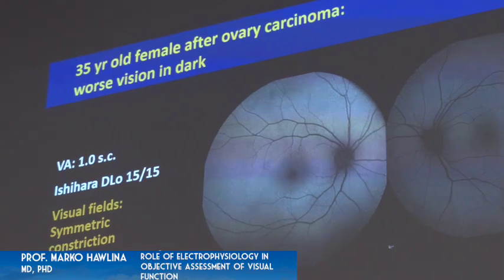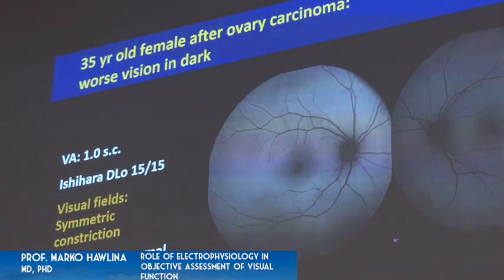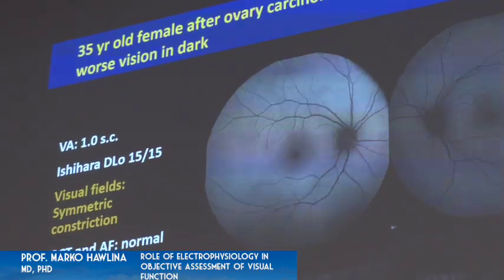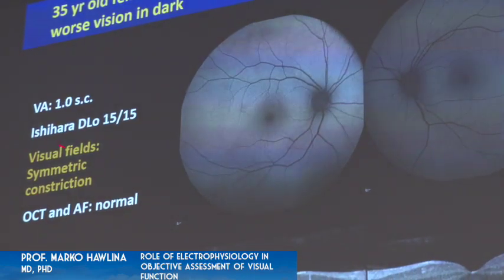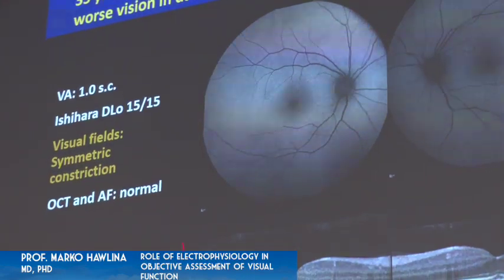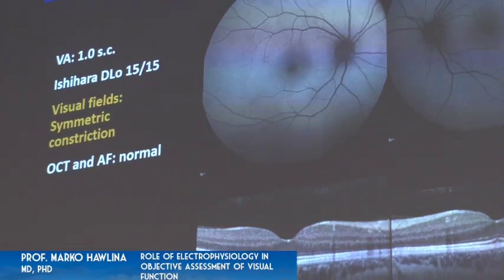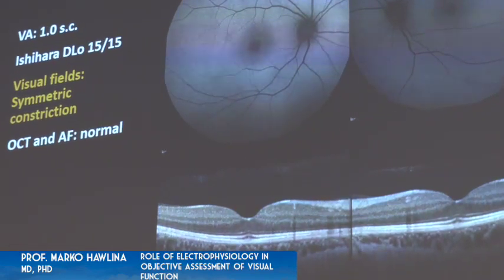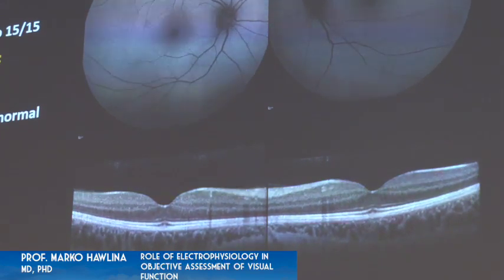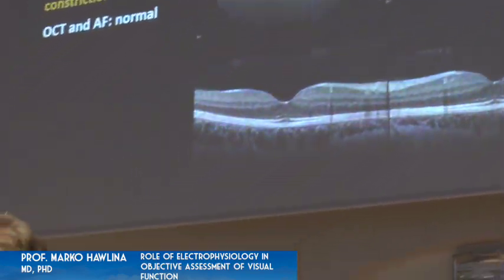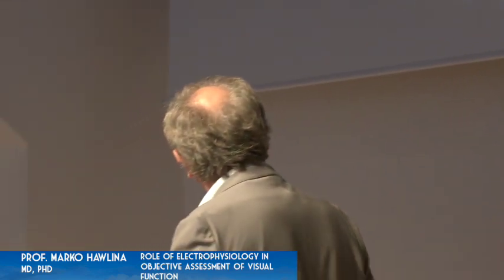For example, this was a lady that has 1.0 central visual acuity in both eyes and normal color vision, but she had symmetric constricted visual fields, although OCT was normal. And she said, I was operated for ovarian carcinoma a couple of weeks ago, and I see shimmering lights. And what would you do? So you do electrophysiology.